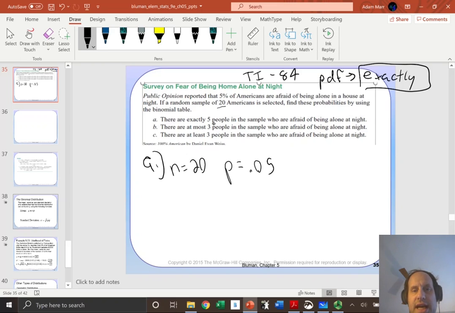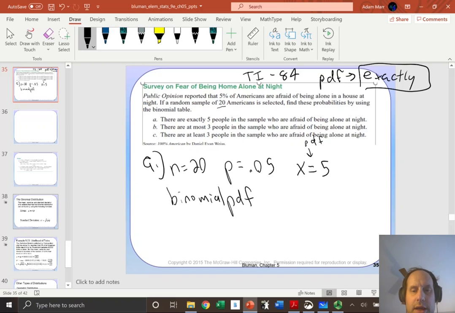A says there are exactly 5 people in the sample who are afraid of being alone at night. So my X, the number of successes I want, is only one single number. When it's only one single number, ding, ding, ding, we need to use Binomial PDF.